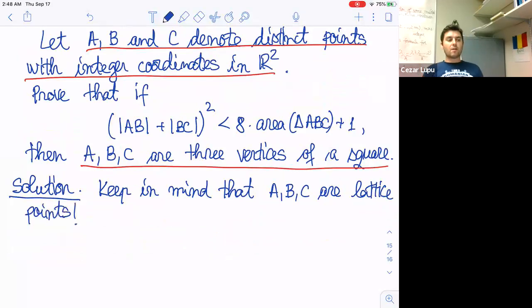In other words, these are points with their coordinates integer numbers. So that's what we have to prove.